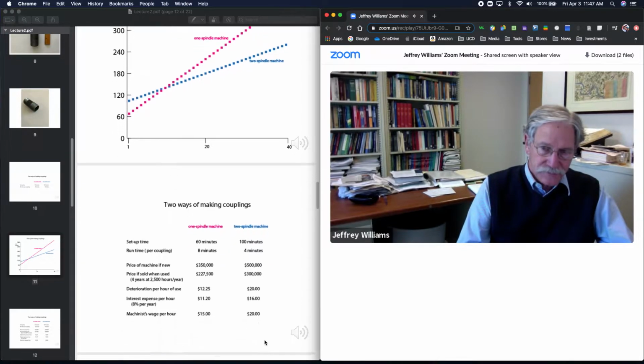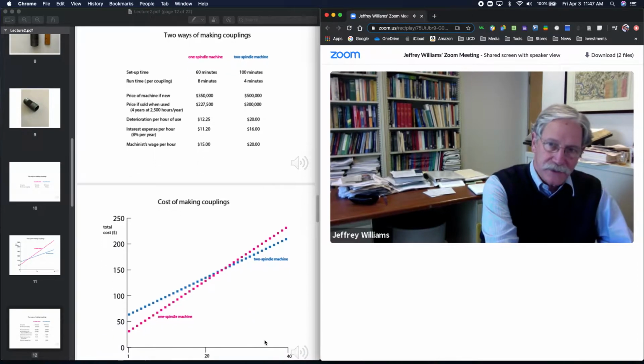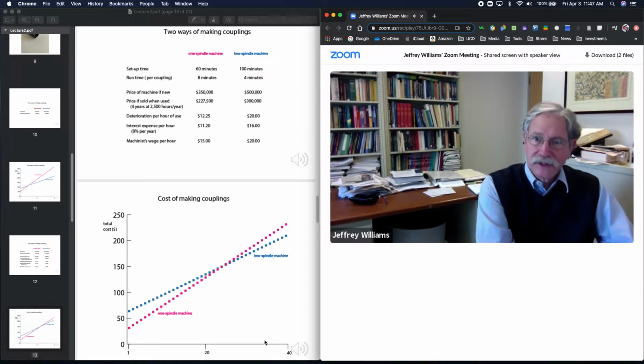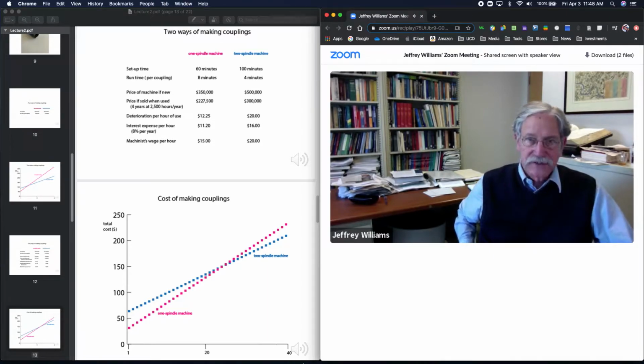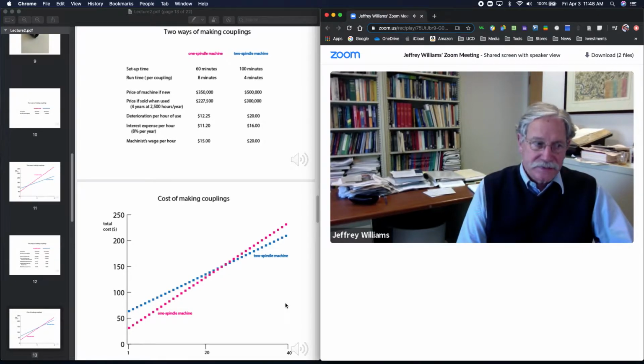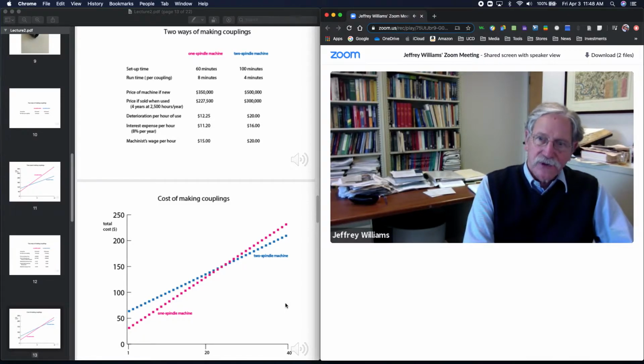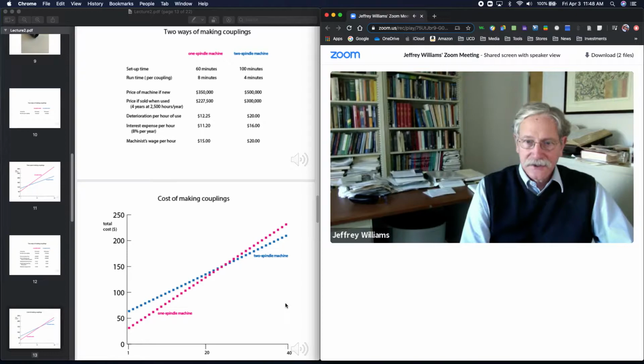So putting all these factors together, we can go from time to costs, and that's what I've got in this diagram. It too has two lines, one for the two spindle machine and one for the one spindle machine, as a function of the number of parts being made. That is very linear again, because the cost per part, whether measured in the labor cost or the deterioration cost or the interest cost, is a linear function of the time, just not pure time.